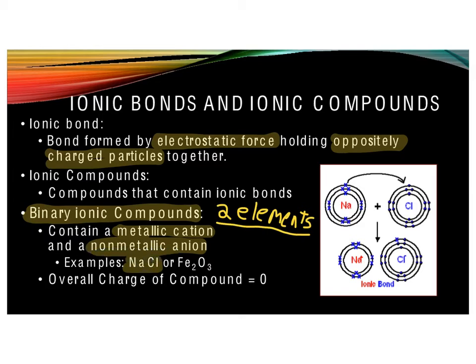Sodium chloride and iron 3 oxide, which is also known as rust, are big examples of this. The overall charge equals 0, so that means the number of positive charges equal the number of negative charges. If you think back to when we did writing on these, we would crisscross applesauce those charges. That's to get this balancing of the charge.